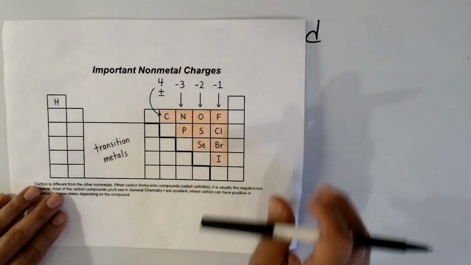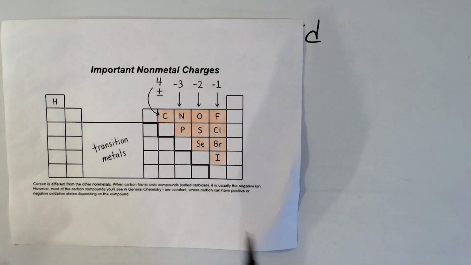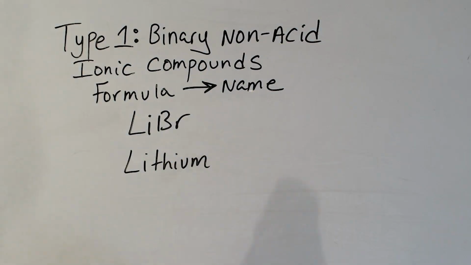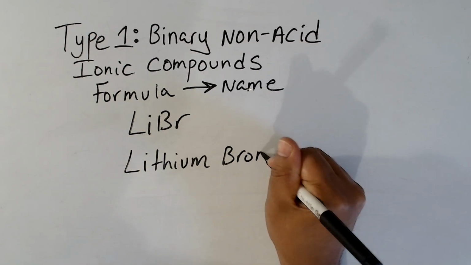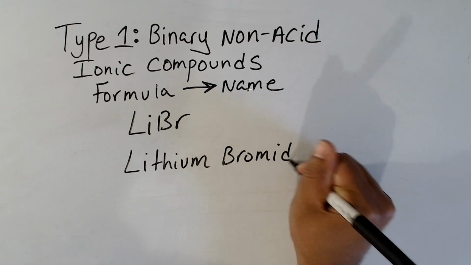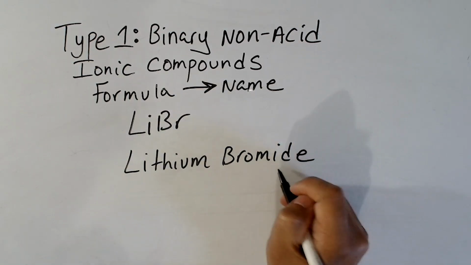Br, which is bromide, is right here. And whenever we write it, we are going to change the ending to IDE.